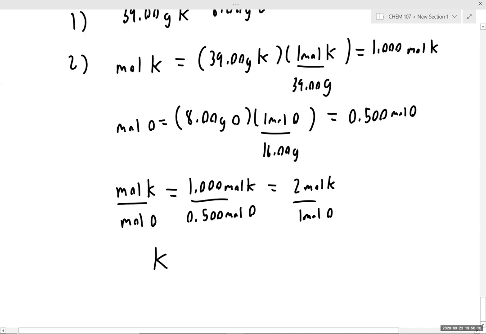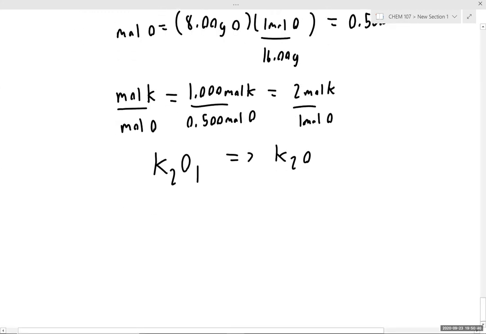So how many potassiums would we have in our formula? 2. So it would be K2O1, which is equivalent to K2O. Does this idea of calculating the empirical formula make sense for this example? Yes.